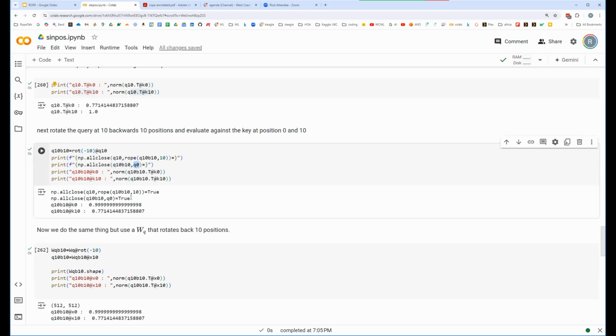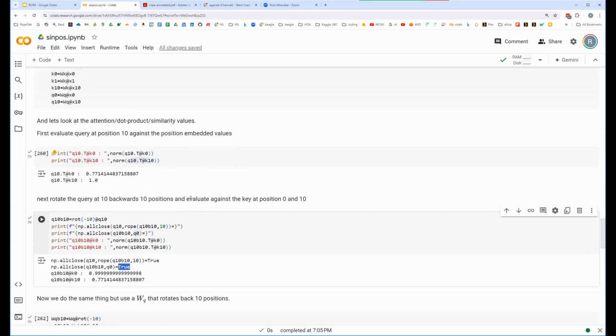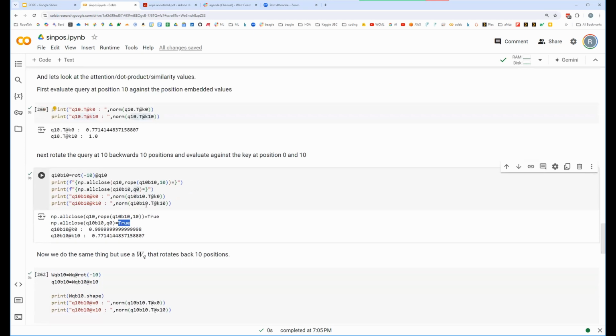And yes, it is. So if your key embedding matrix is the identity matrix, and your query embedding matrix is the RoPE -10 matrix, then you will get the strongest match on tokens that are exactly 10 positions before you. So this is just doing it by rotating the key vectors.